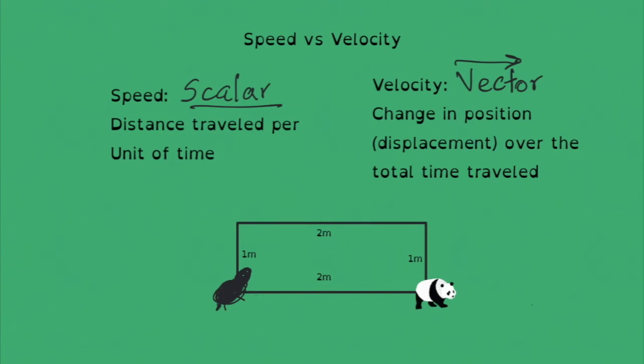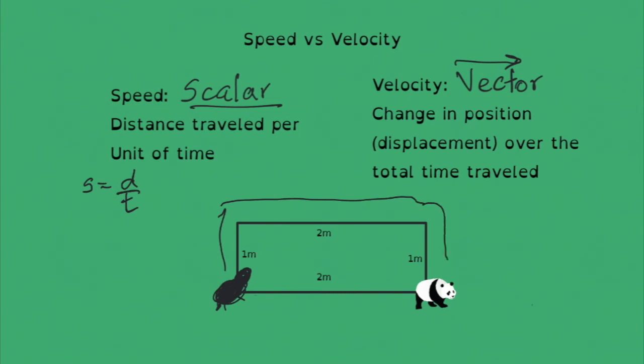So we're going to calculate again what the speed and the velocity are going to be. So remember, the speed formula is distance divided by time. So what is the distance? We have 1 meter to the north, 2 meters to the east, and 1 meter south.